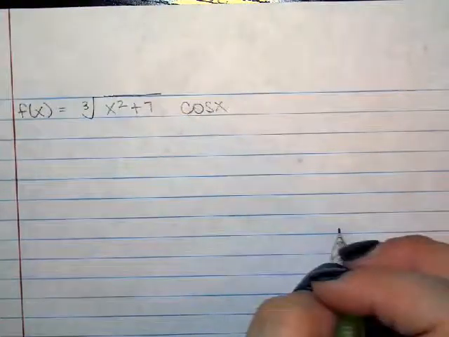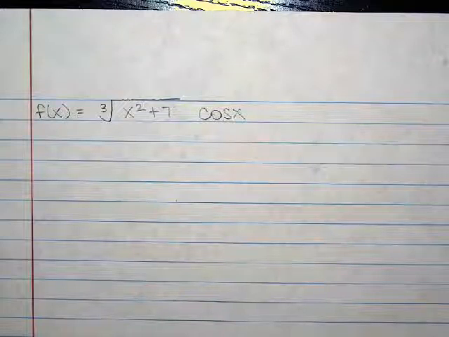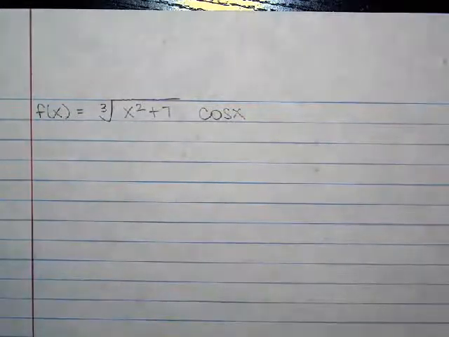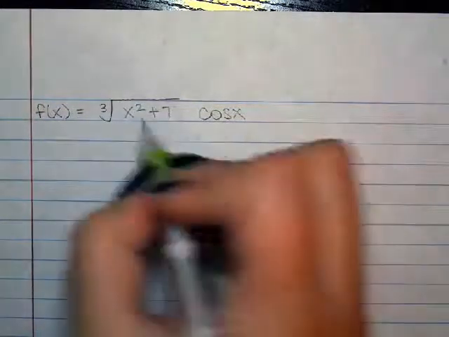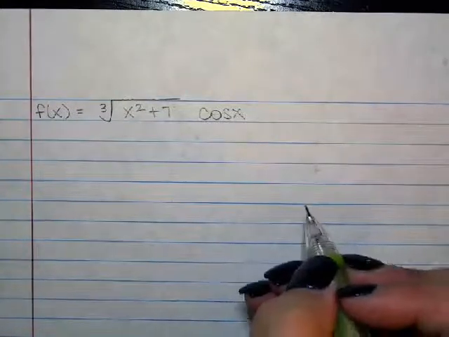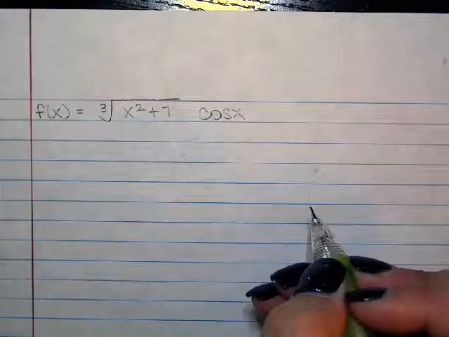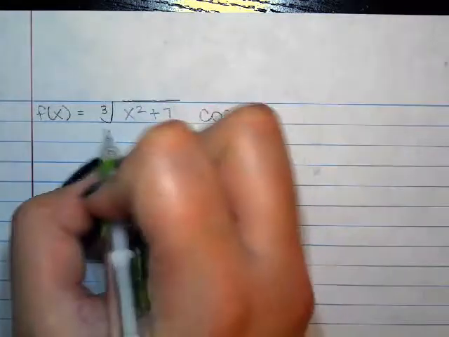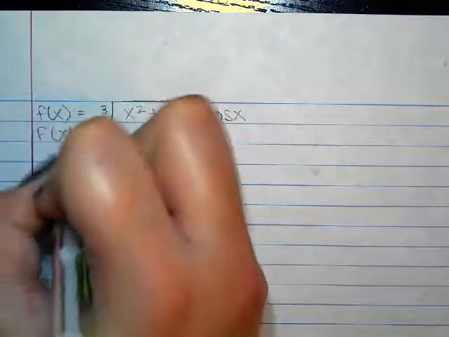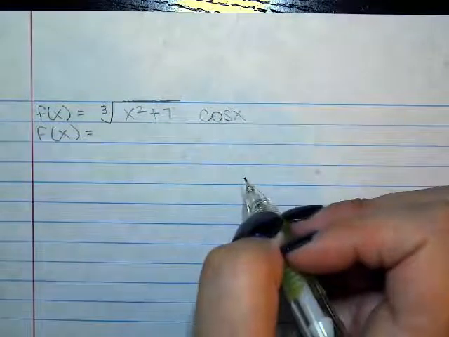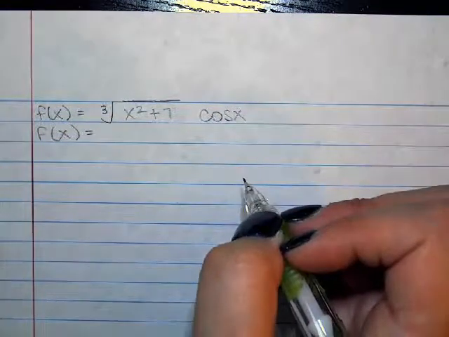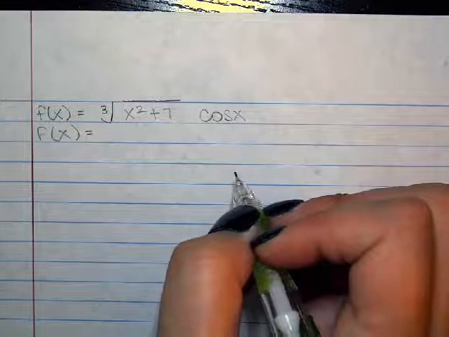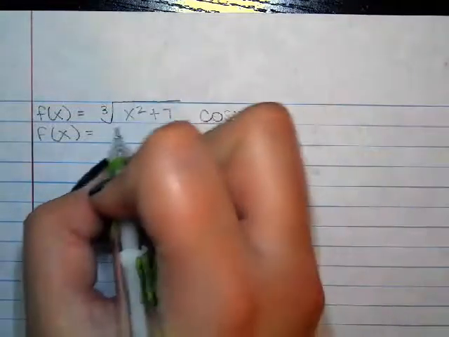Okay, so we got the product rule again. We got one thing times another thing. I don't know that this one had much done other than the quotient rule, or not quotient rule, product rule. Sorry. Product rule with some cleanup. I'm going to rewrite this as (x squared plus 7) to the 1/3 and cos x.